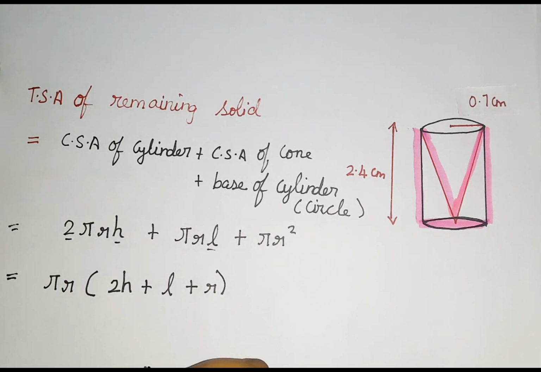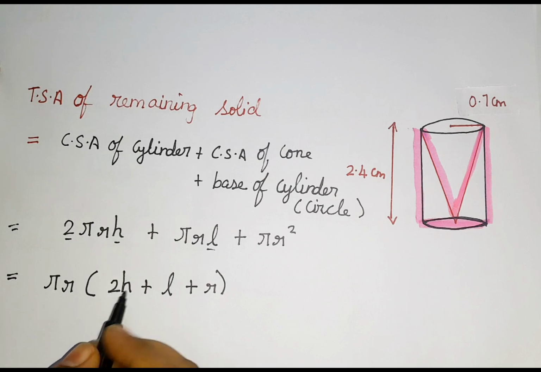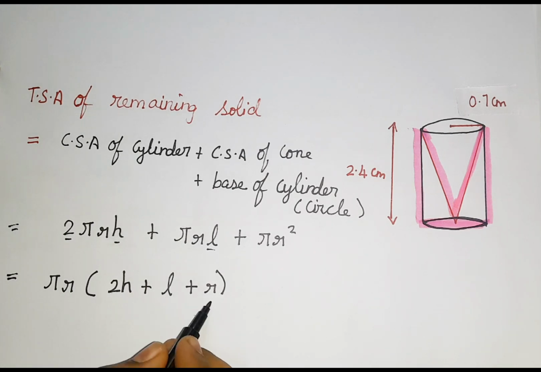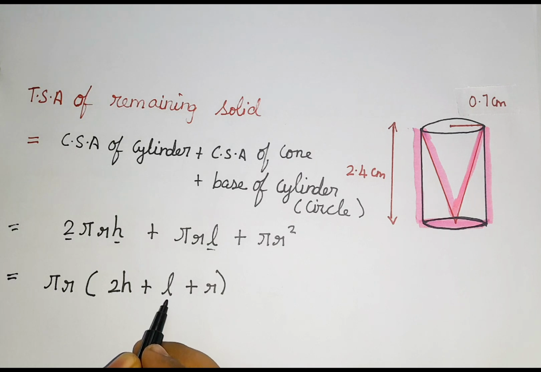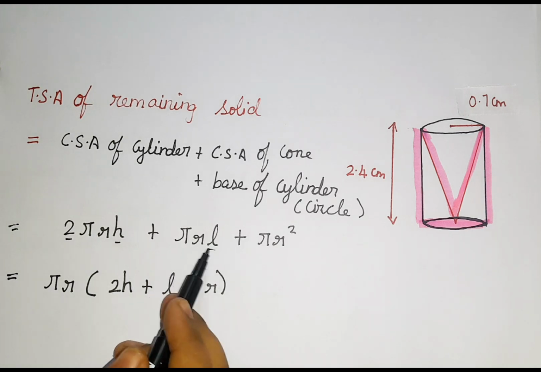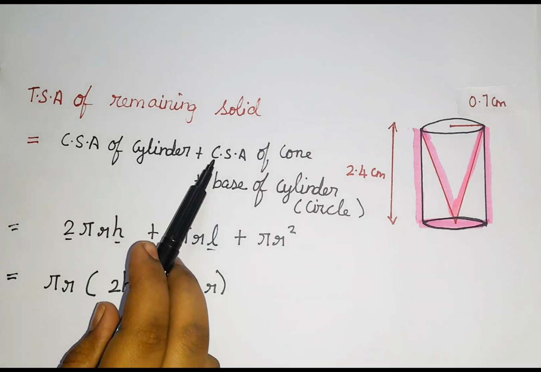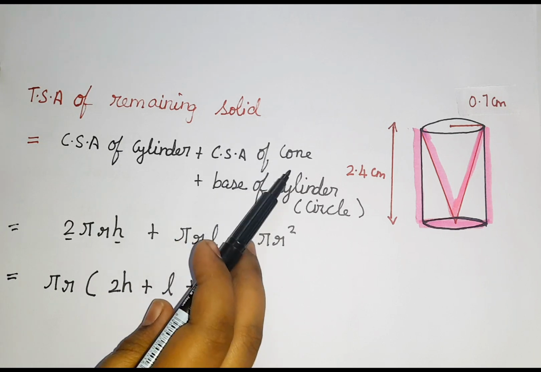Now since we have the pi value, the r value, and 2 we can write as it is, and the h value, that is 2.4, and here we have L and r. We don't have L, am I right? So what is L? L is the slant height of the cone. According to the formula, pi r L is the curved surface area of cone.